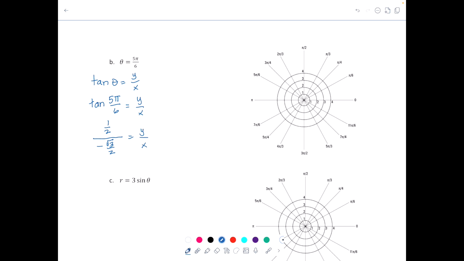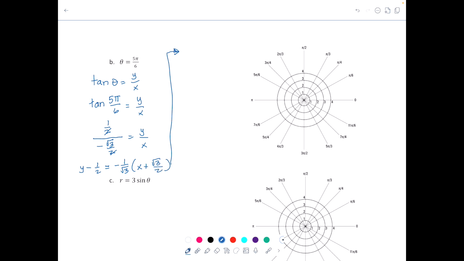So putting that together into the point slope form of the equation of a line, I'll have y minus 1/2 equal to the slope, which is that ratio. If we cross out those 2's, we'll get negative 1 over root 3, and then x minus, a minus is plus, root 3 over 2.